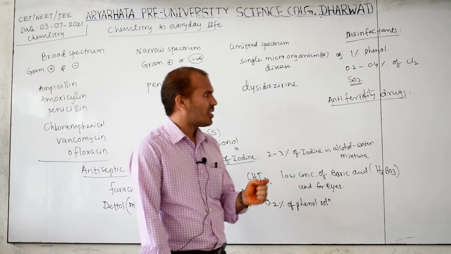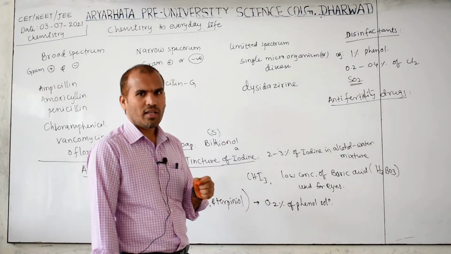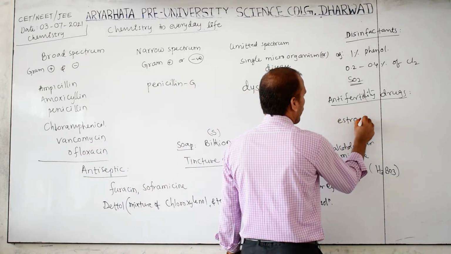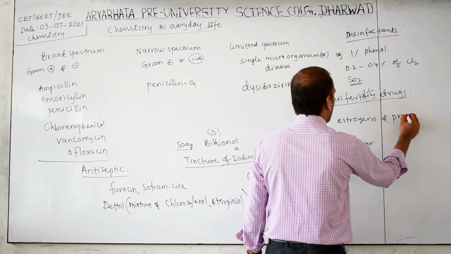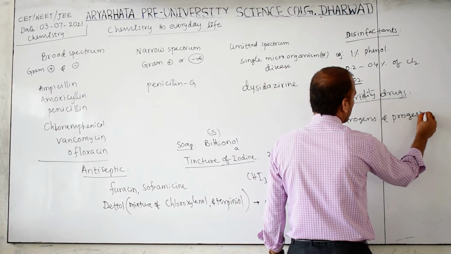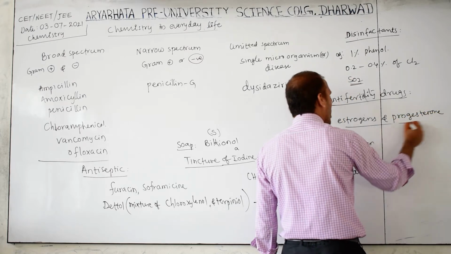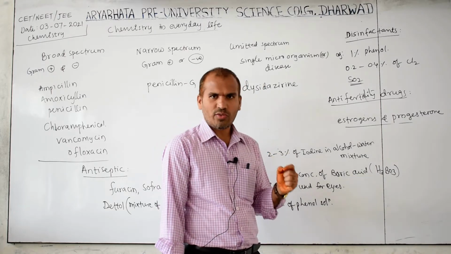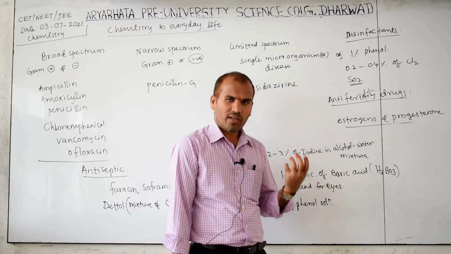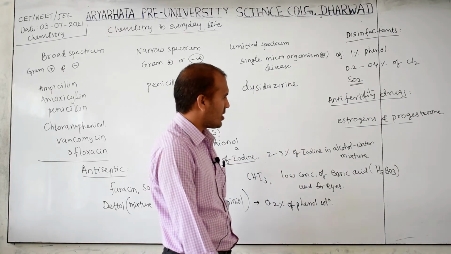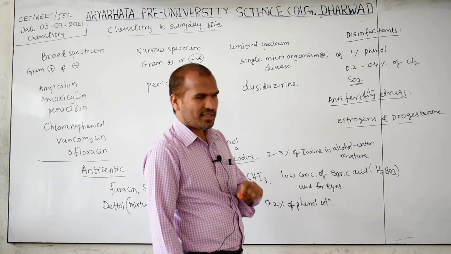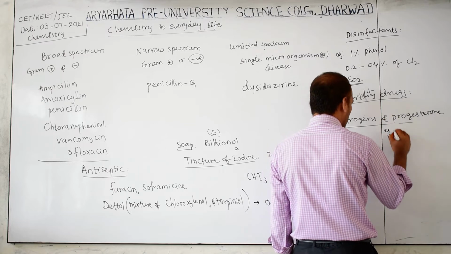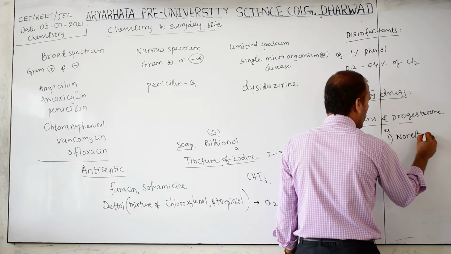These anti-fertility drugs or medicines contain hormones, and those hormones are estrogen and progesterone. They are estrogen and progesterone hormone derivatives. Synthetic estrogen and progesterone derivatives work more effectively than the natural ones. Therefore, the drugs are, example 1, norethindrone.